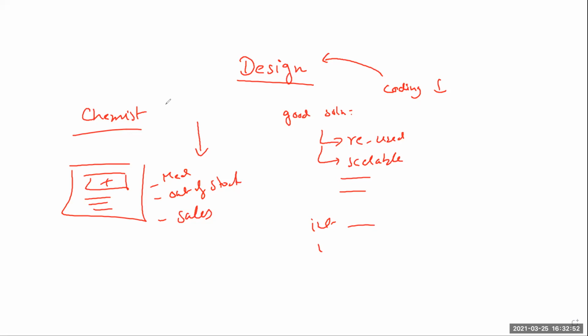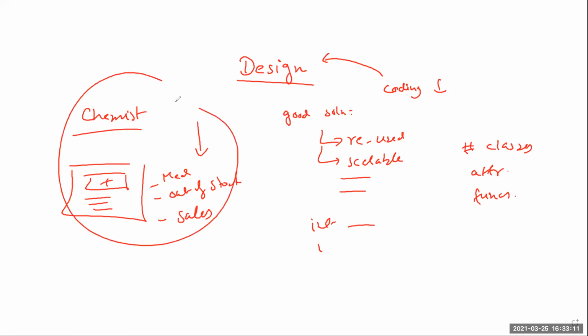As a software graduate, a computer science graduate, it is your responsibility to decide how many classes you need, what the attributes in those classes are, and what the functions in those classes are. So if someone comes to you with this problem, it's not that you will open Visual Studio and start writing a class.